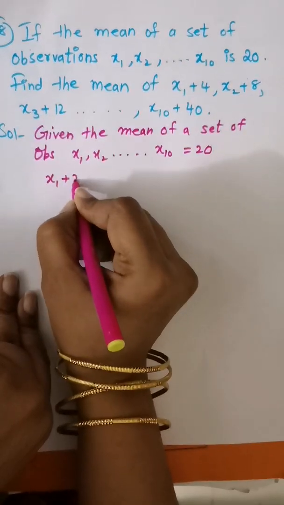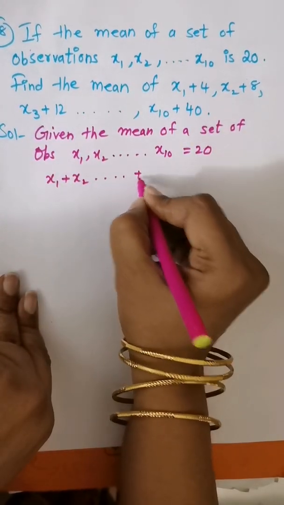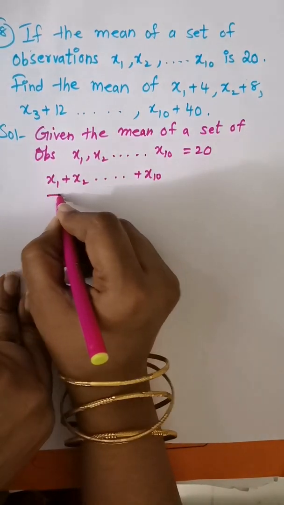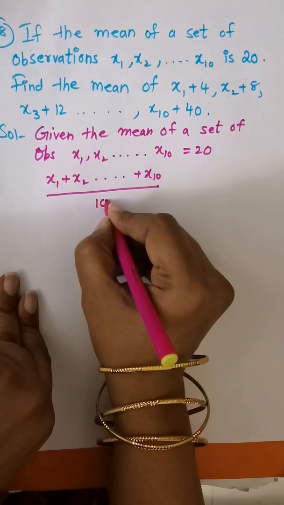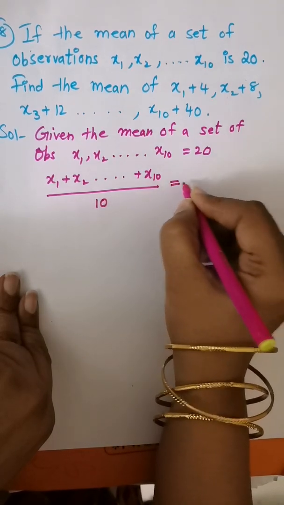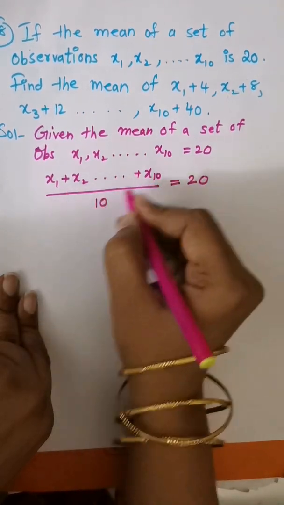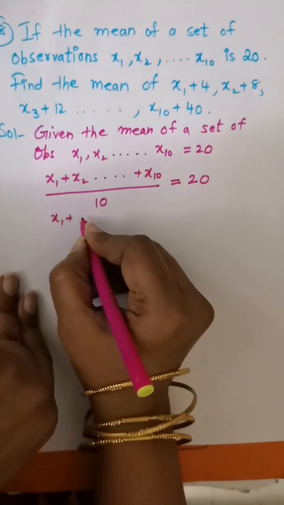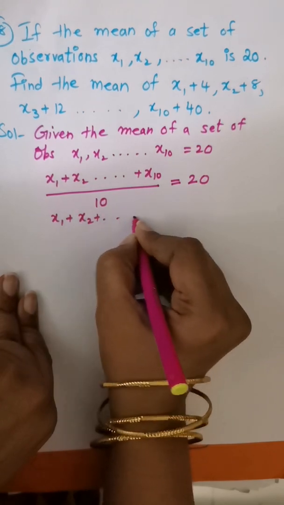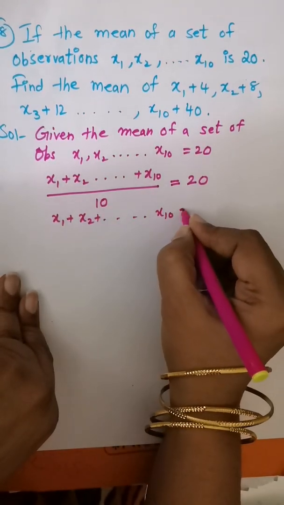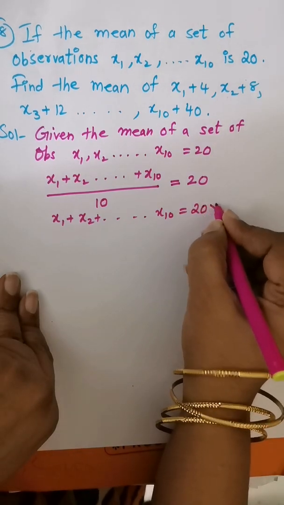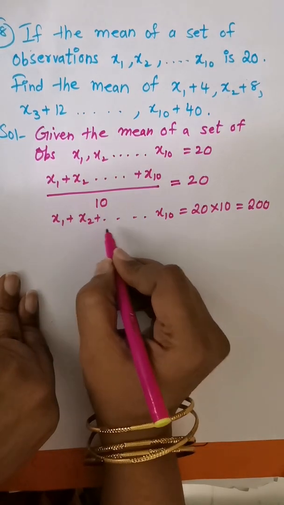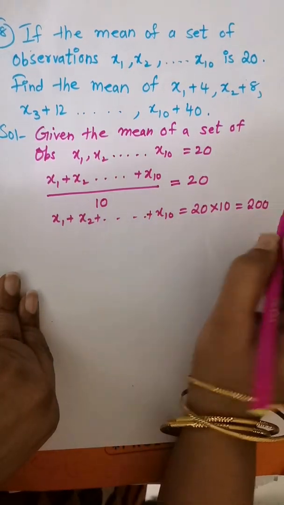That is, the sum of observations by the number of observations is equal to 20. Mean is equal to sum of observations by number of observations. So the sum of observations, that is x1 plus x2 plus ... up till x10, is equal to 20 into 10, which is equal to 200.